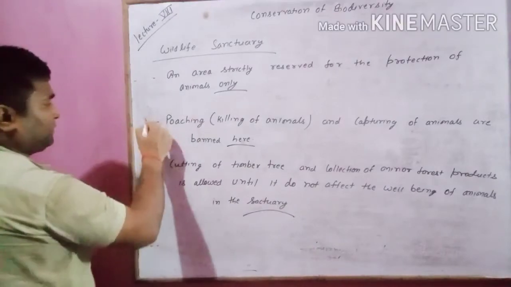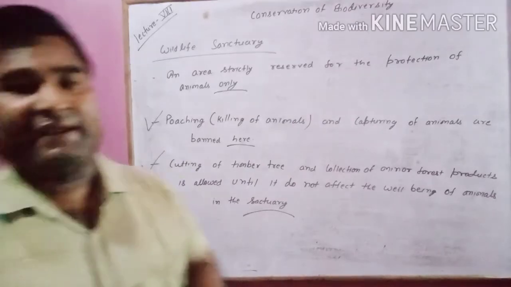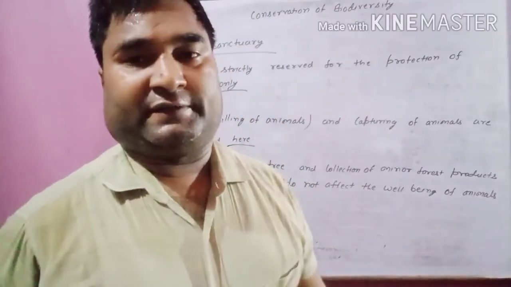So poaching and killing is prohibited, but cutting and collection of minor timber trees and minor forest products is allowed here.